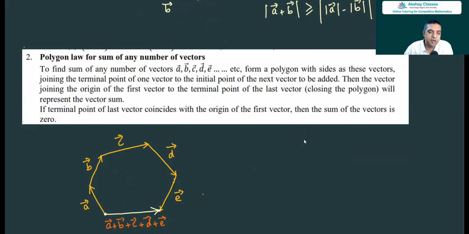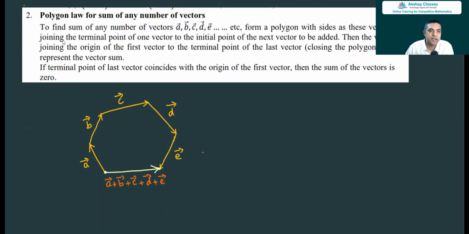Now suppose while we draw the polygon, the terminal point of E coincides with the initial point of A. That means the sum of all the vectors is 0. It's a null vector. So if the terminal point of the last vector coincides with the origin of the first vector, then the sum of all the vectors is 0.